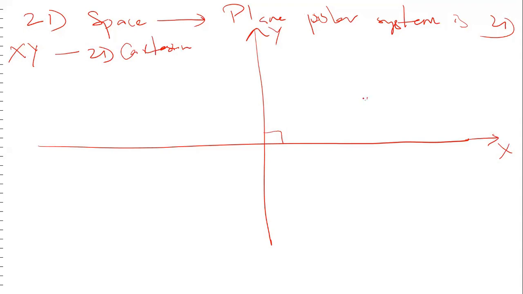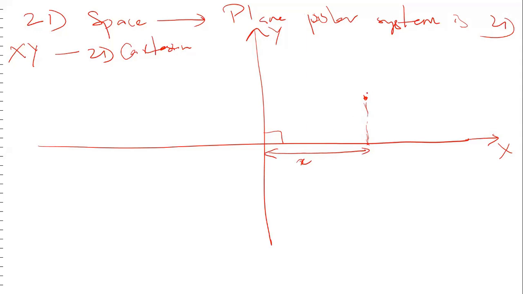To identify this point, we draw a perpendicular on the x-axis, see where it intersects, and measure the x-coordinate value.